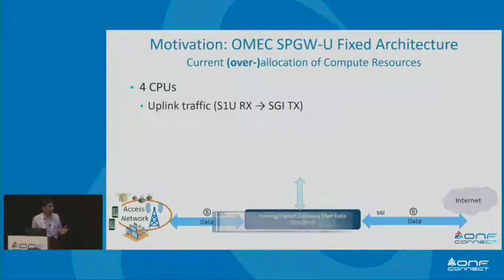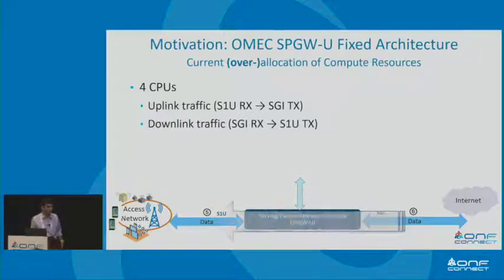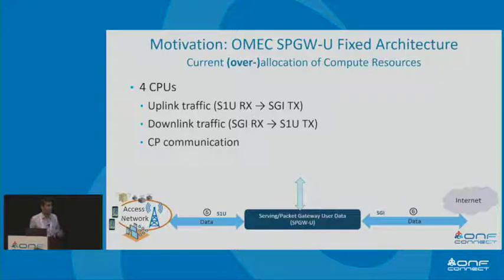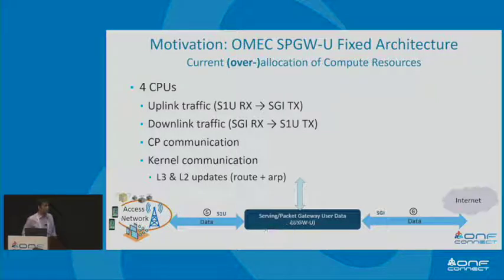One core is used to handle uplink traffic. The other core is used to handle the downlink traffic. And then there are 2 extra cores: one to handle CP communication coming from SP Gateway C, and the other to handle kernel communication, from where we can get ARP updates and route updates.